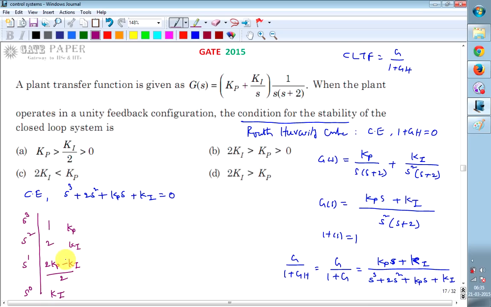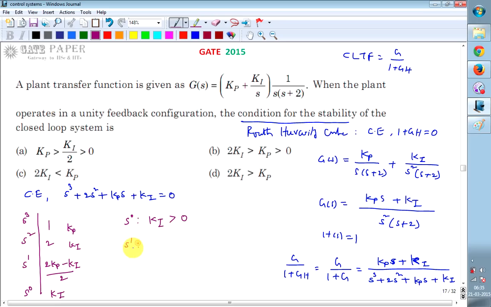Now this is not given directly as real numbers, so we need to find the condition. Since the elements belong to Kp and Ki values, based on Kp and Ki they should be positive so that we can say the system is stable. From the s0 row, Ki has to be positive, so it must be greater than 0.